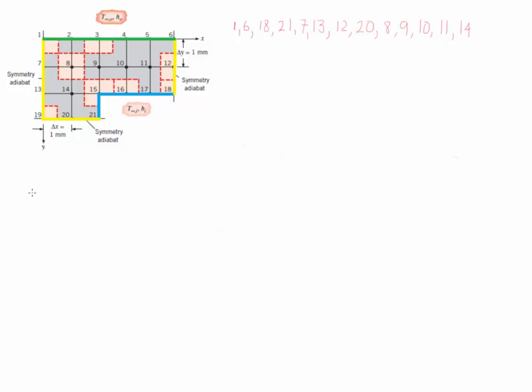The next set of nodes that we're going to evaluate are going to be in a plane exposed to convection and to conduction. These nodes are going to be 2, 3, 4, and 5 exposed to HO and T infinity O, and number 16 and 17 exposed to HI, T infinity I. Let's start with node 2.